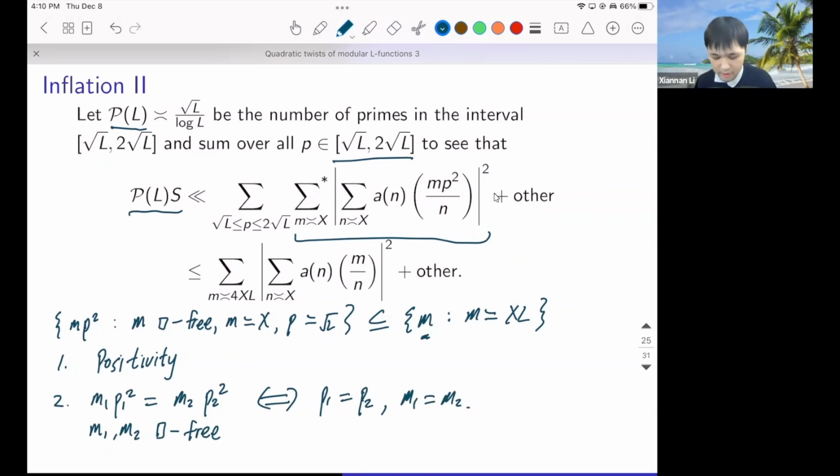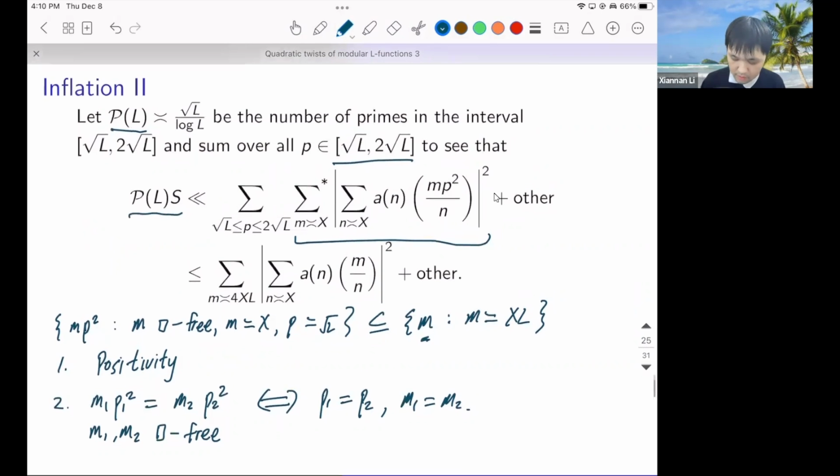So the number of ways of representing m as mp squared is either 0 or 1. Either it's not of that form at all, or there's only one way of doing it. And that means that I don't need to worry about some sort of multiplicity here.